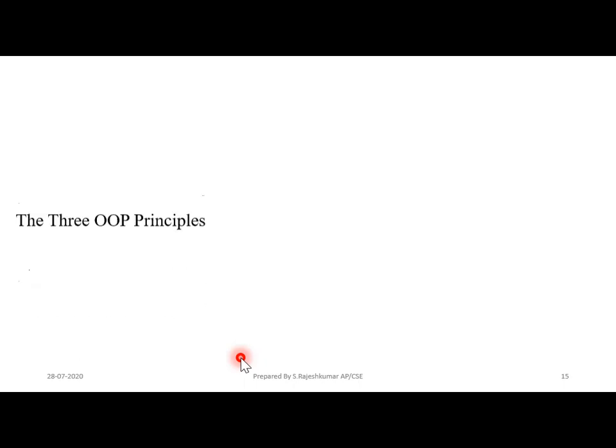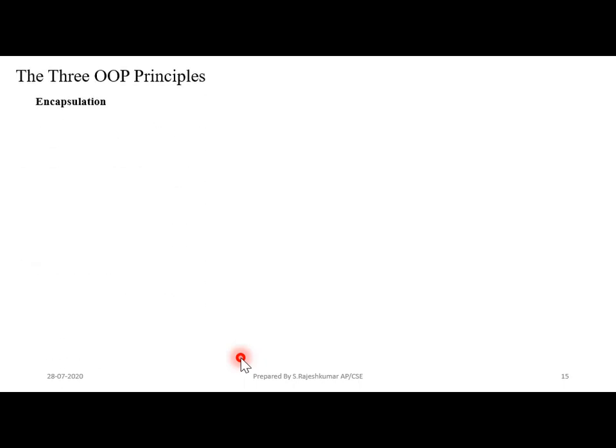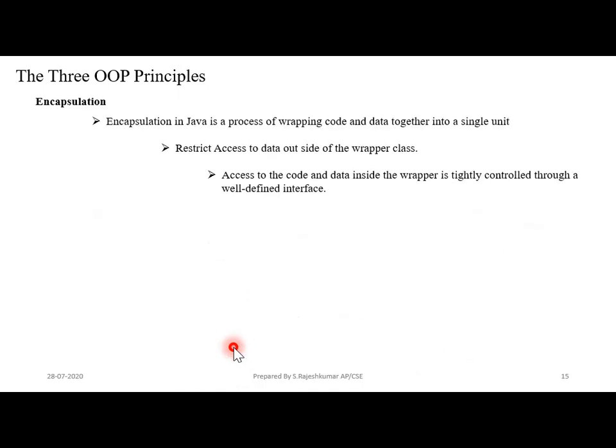Okay, and after that, one more important principle, encapsulation. Encapsulation is nothing but wrapping, that means collecting the data and putting it into a single unit. Every Java program contains variables and methods.